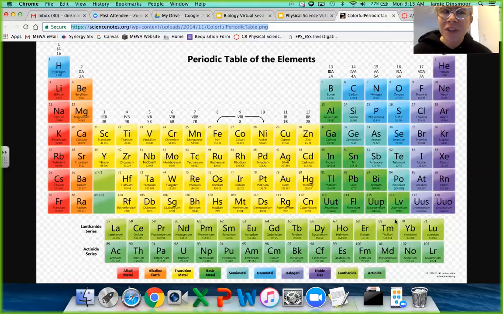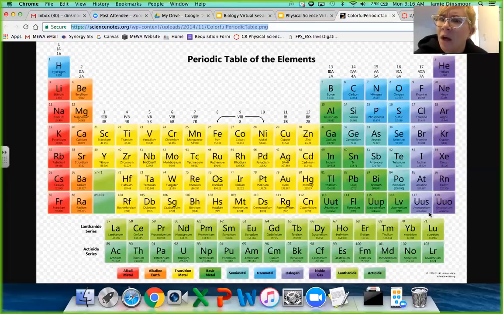Yeah, UUT. So this says unknown. I don't know what year this periodic table is from. We would have to look up the most recent one. That element, as of the time this was made, had not been discovered. They might have discovered it at this point. I'm not sure. I don't really keep up with the discovery of the elements, but you see that a few times here.